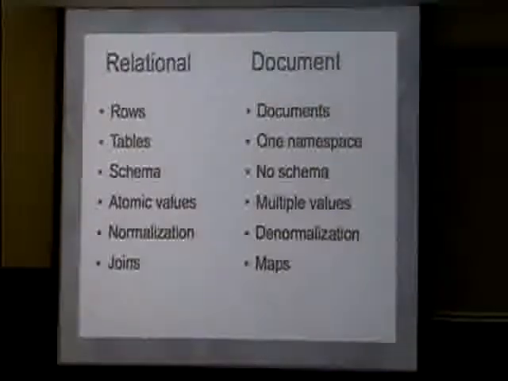It's a very different paradigm from relational SQL databases. It's probably the most radical change in terms of just doing things in a completely different way. So in a relational database, you have rows in tables with a fixed schema, and each value in a row is an isolated atomic value.